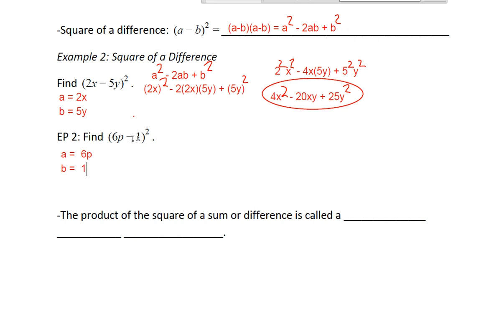So you never take the negative with it. It's only the positive values of each of these. Okay, so now let us plug into our general form. A squared and B squared. Okay, so A is 6p. So we're going to use parentheses, 6p.